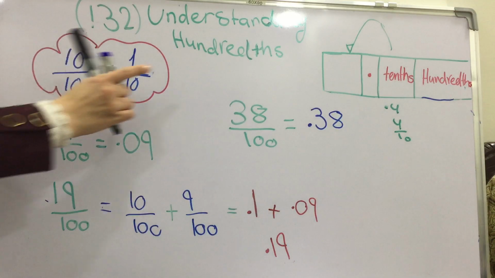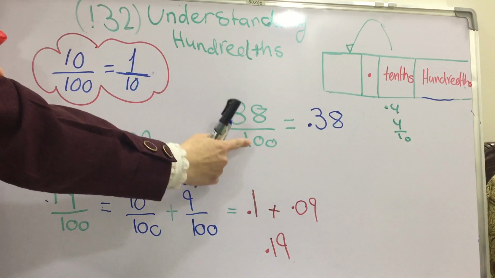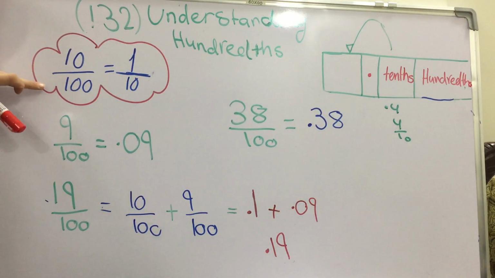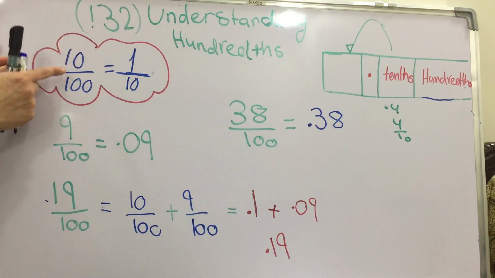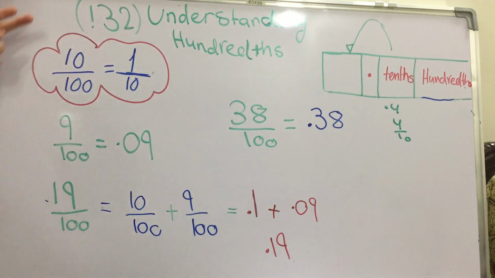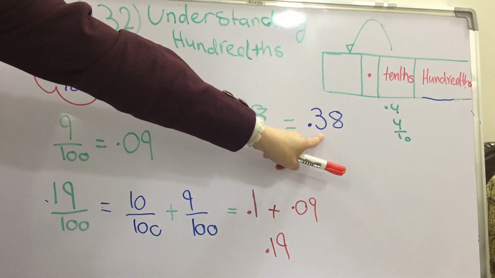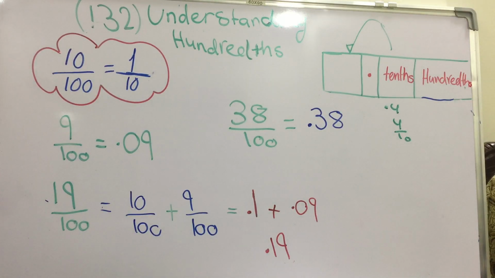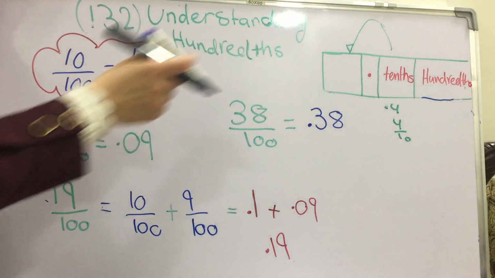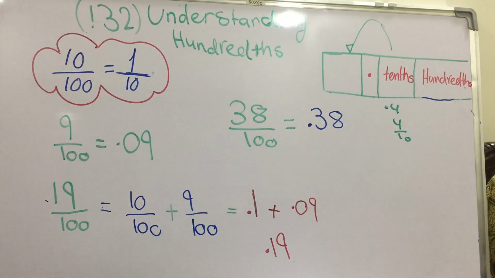So I have here 30 hundredths, which is 3/10, and I write it over here on the 10th place. And then I have 8 on the 100th place. So it's 0.38, okay? Now I will make the numbers get bigger.